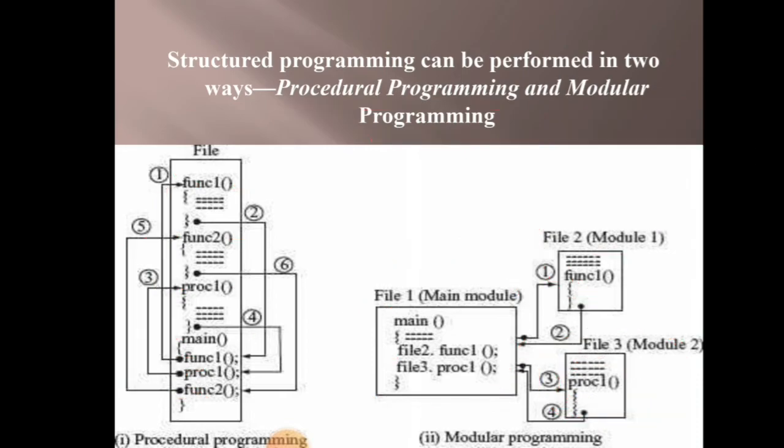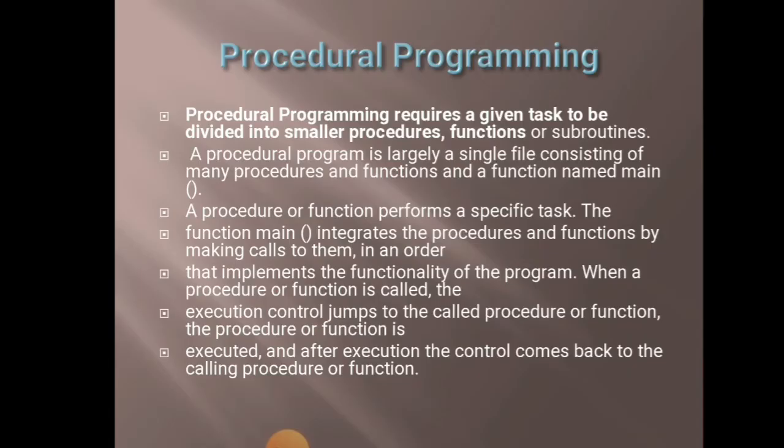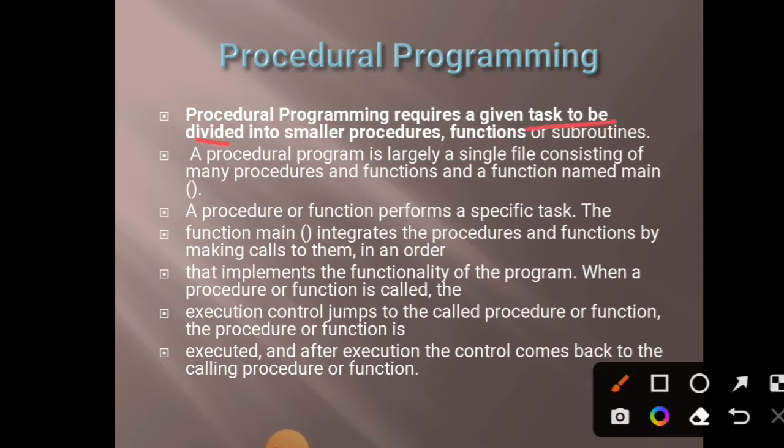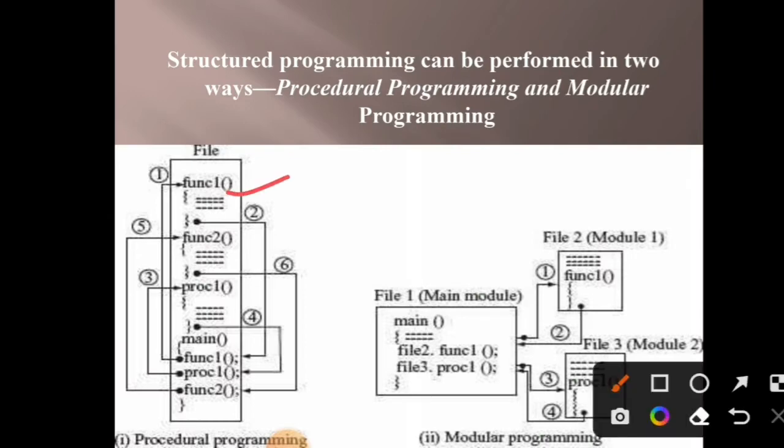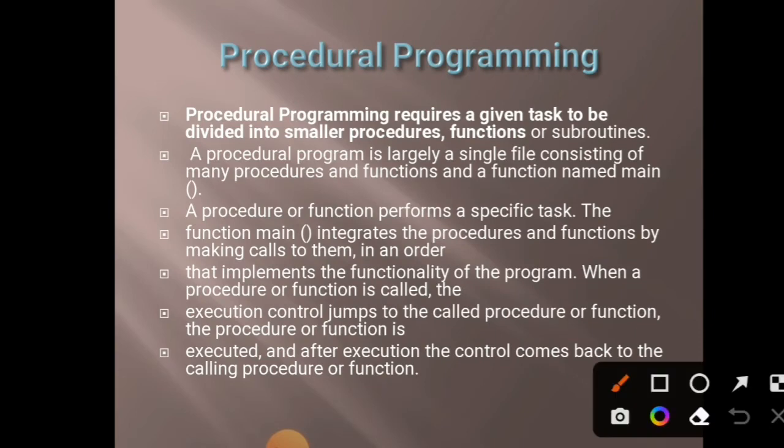So let's see procedural programming. Procedural programming requires the given task to be divided into smaller procedures, functions or subroutines. First we divide the program into functions and procedures. A procedural program is largely a single file, consisting of many procedures and functions, named main.